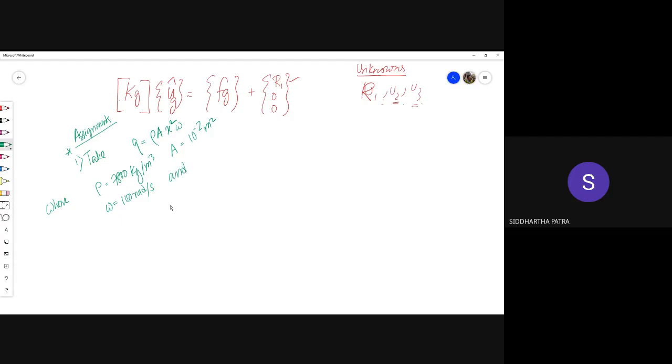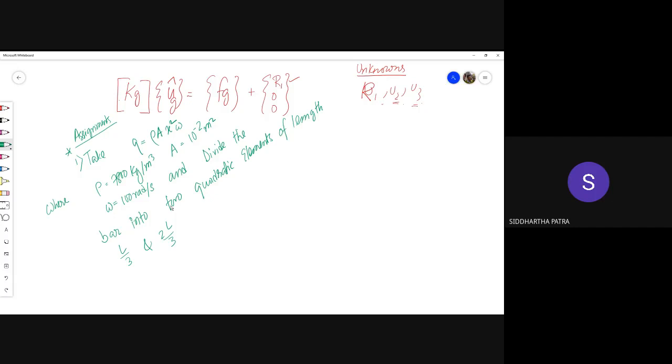And divide the bar into two quadratic elements of lengths L by 3 and 2L by 3.